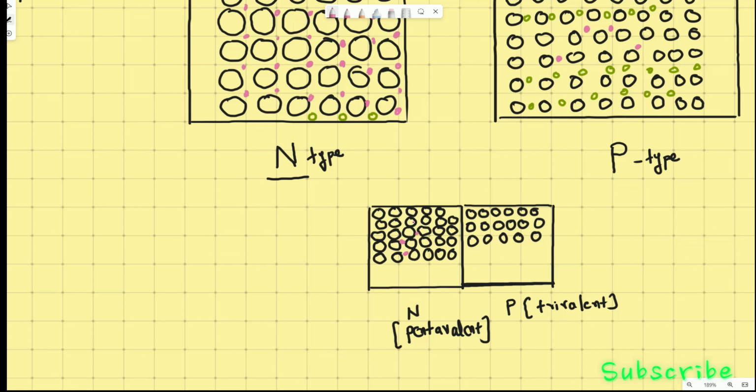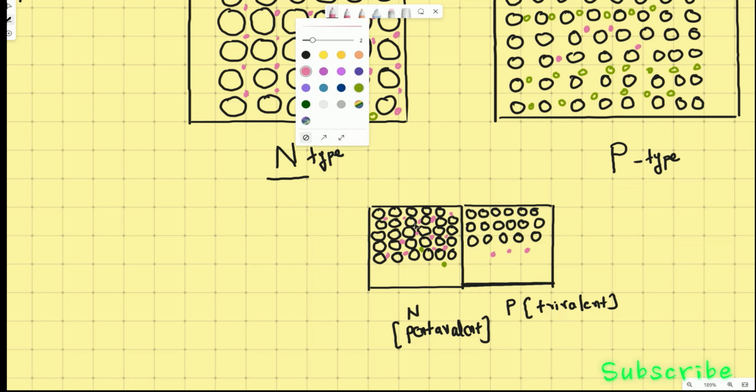So this has a lot of electrons in it, and some holes also, right? But these are in the minority. We have already seen this. And I will do the reverse on the other side. So some electrons which are minority, and a lot of holes on the other side, right?